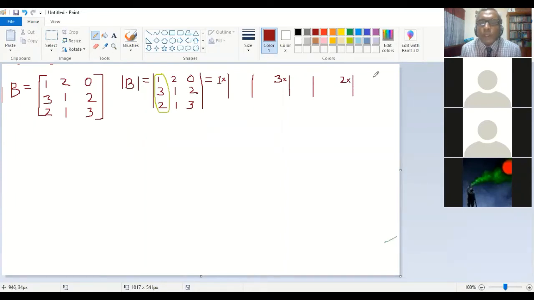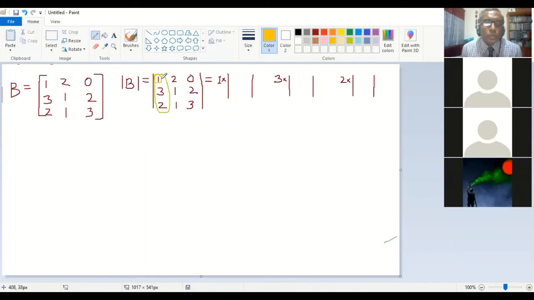Okay, now what will be the determinant values for 1?